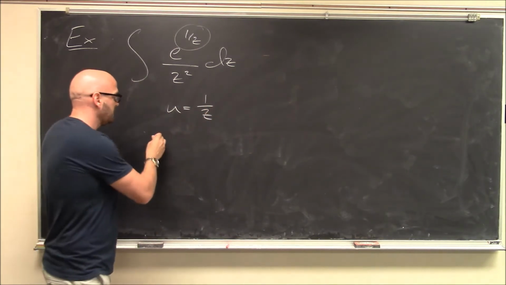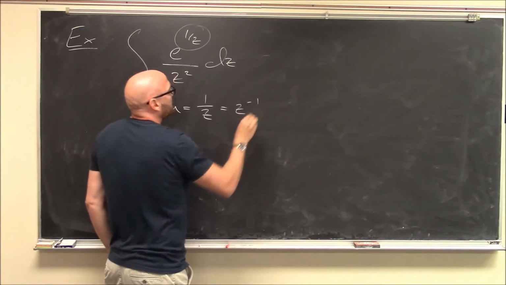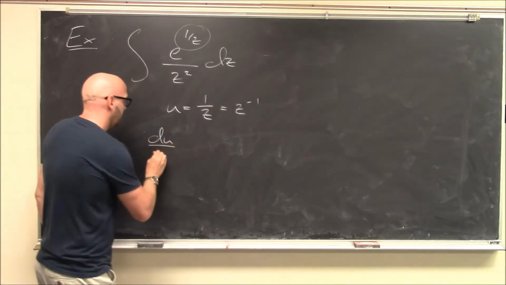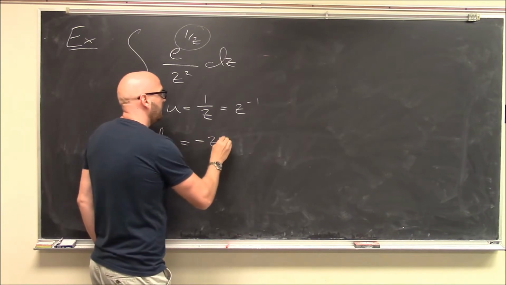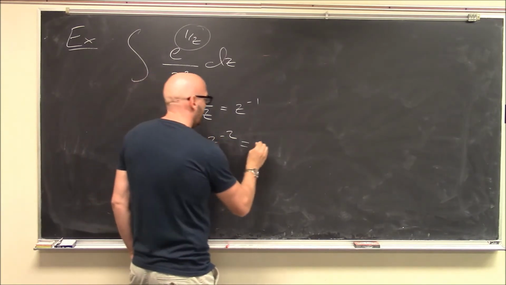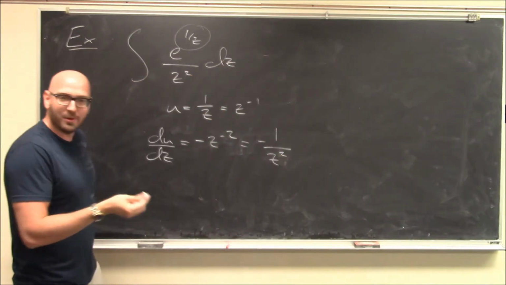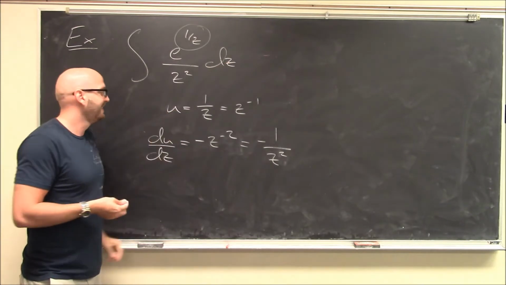And then I want to differentiate that, as always. I want to find du. The easiest way to differentiate 1 over z is to think of it as z to the minus 1. So du dz is minus z to the minus 2, or minus 1 over z squared. And you can already see how this is going to work out nicely. Oh, I have a 1 over z squared.